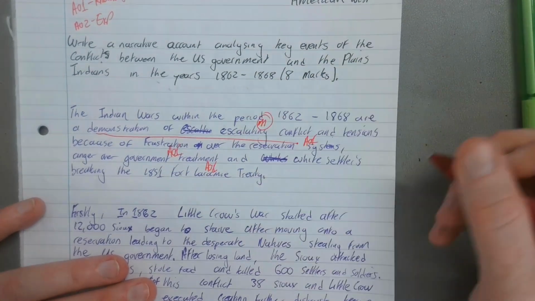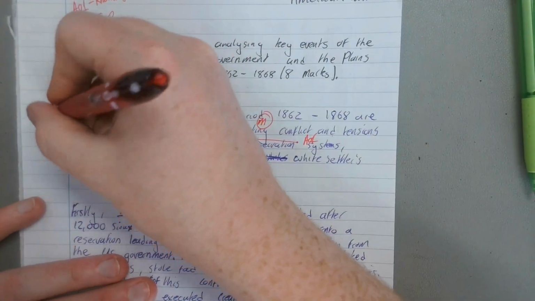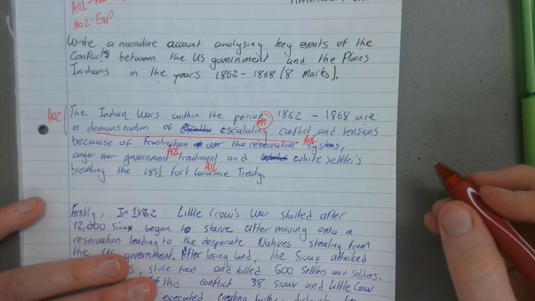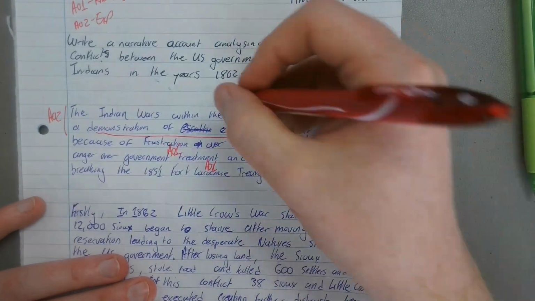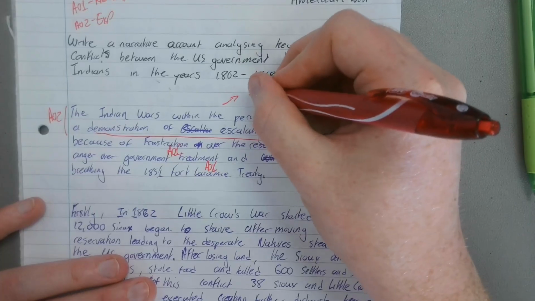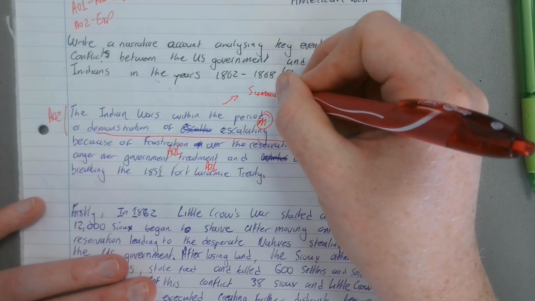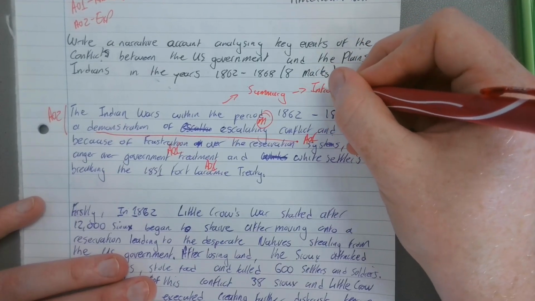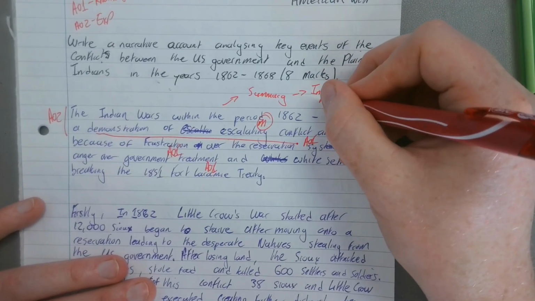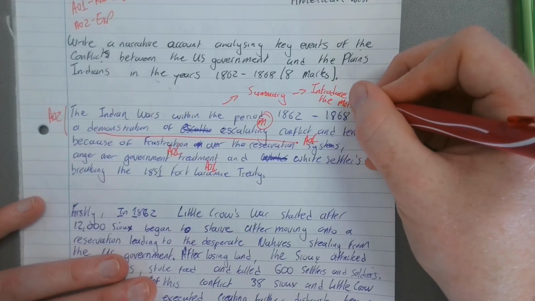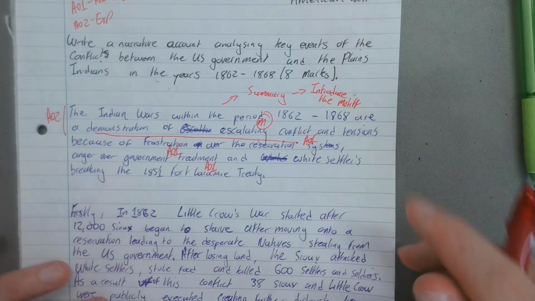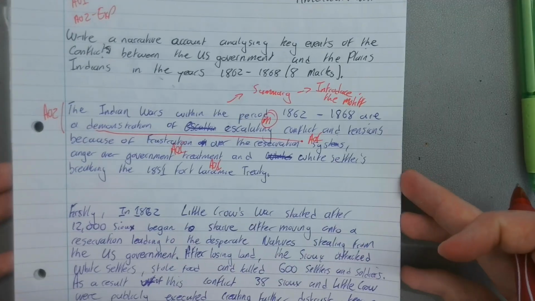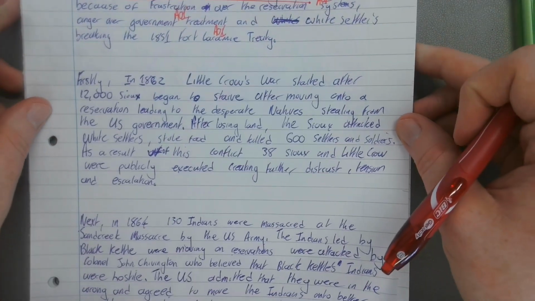There is my motif. So here you can see I've got my AO2, and I'm linking it together. So this is my summary, where I introduce the motif. Okay, right, let's have a little look then at paragraph number 1.